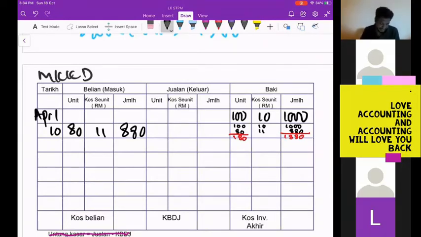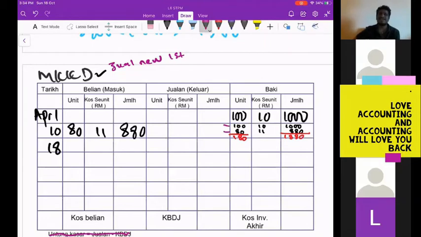After that, on the 18th, kita jual. Kita jual berapa unit? 90 unit. Now, this is MKKD. MKKD means you jual what? Jual the old one or jual the new one? The new one. Jual the new one first. From here, 1880, which one is the new? 80 is the new, but you are selling how many units? You are selling 90 units. Is it enough to sell all the 80?